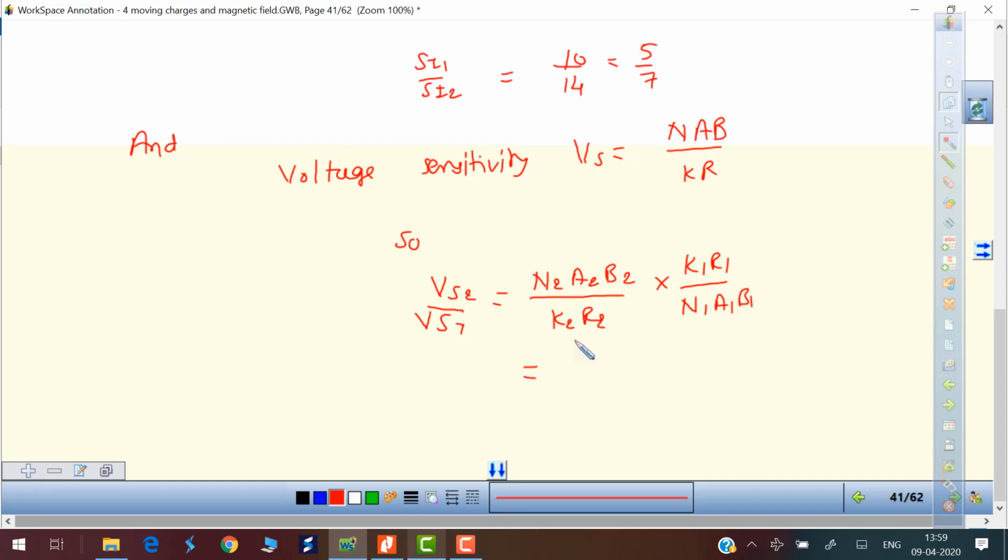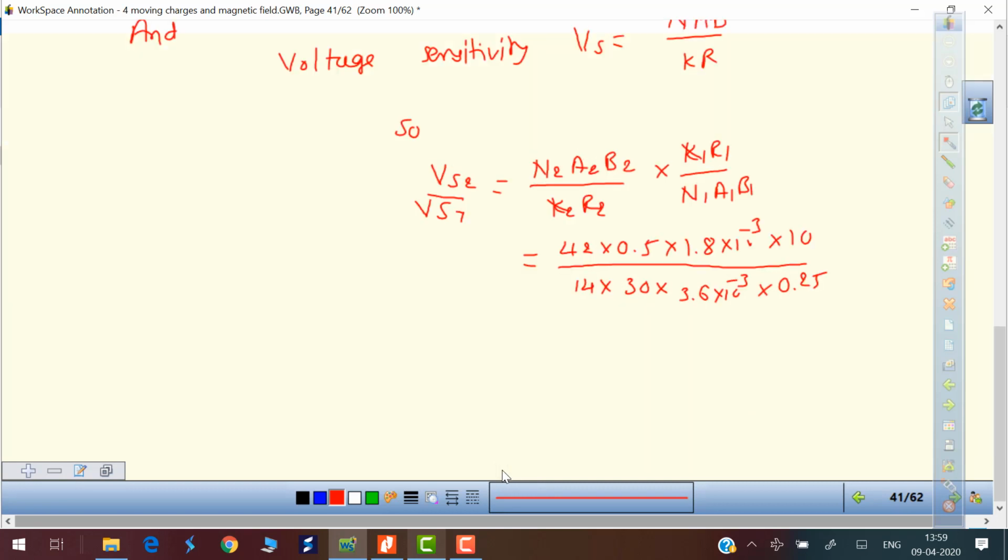So if you put all these values, this K2 K1 will cancel out. So you get 42 into 0.5 into 1.8 into 10 raised to minus 3 into 10, this R1, divided by 14 into 30 turns into area 3.6 into 10 raised to minus 3, and B1 is 0.25.